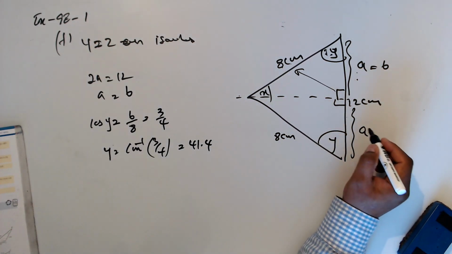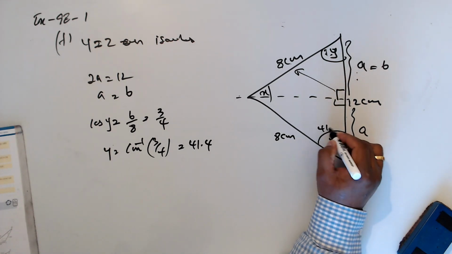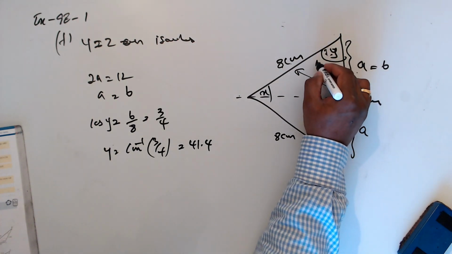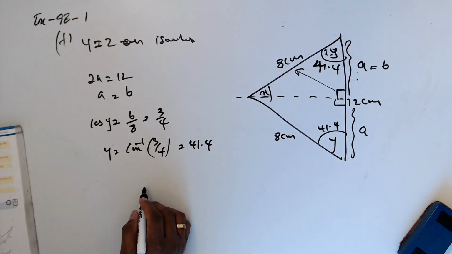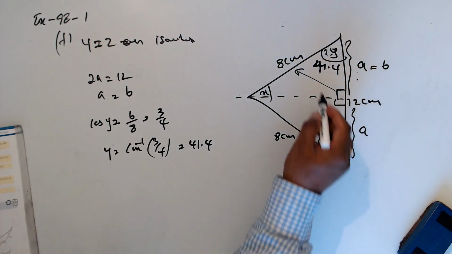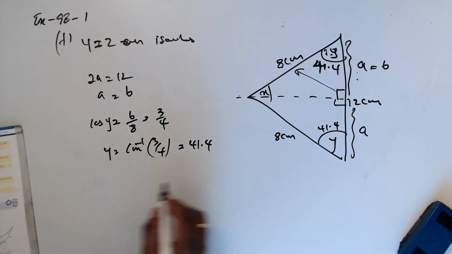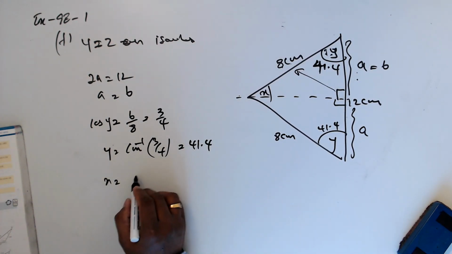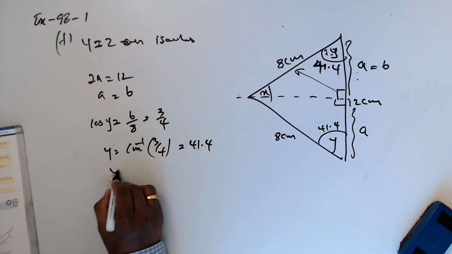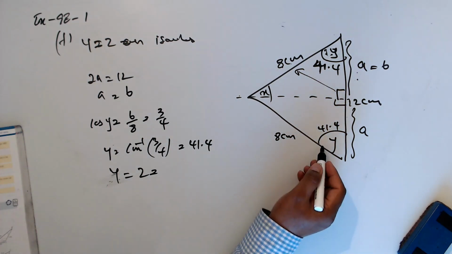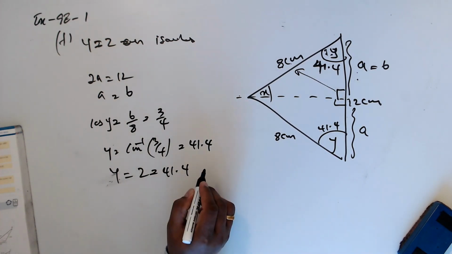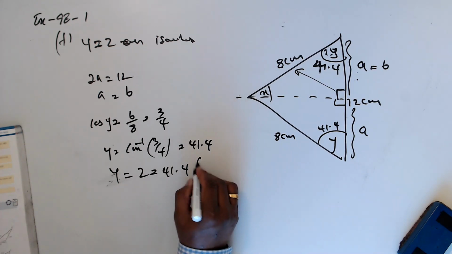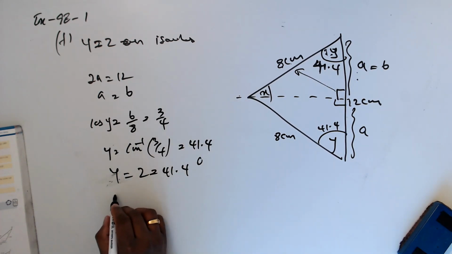Now this is 41.4 and this is 41.4. Z should also be 41.4 degrees.